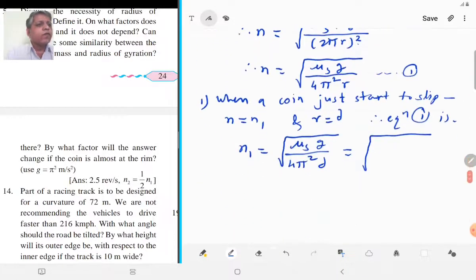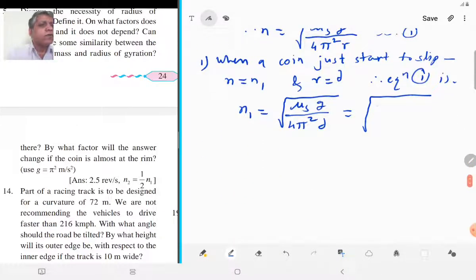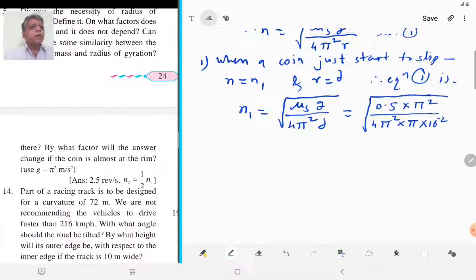Therefore n1 is equal to 0.5 into pi square upon 4 pi square into pi into 10 raised to minus 2.